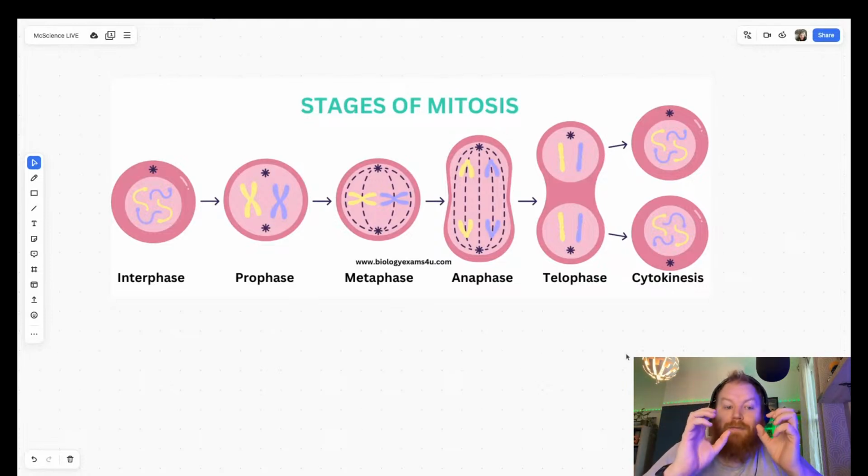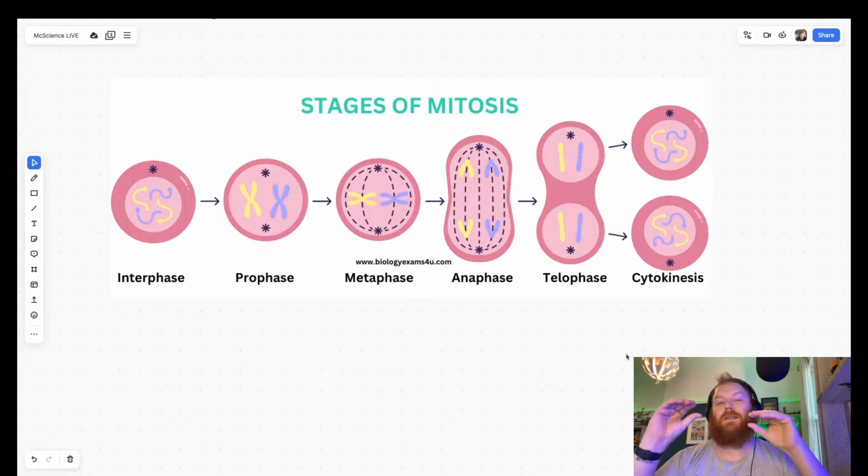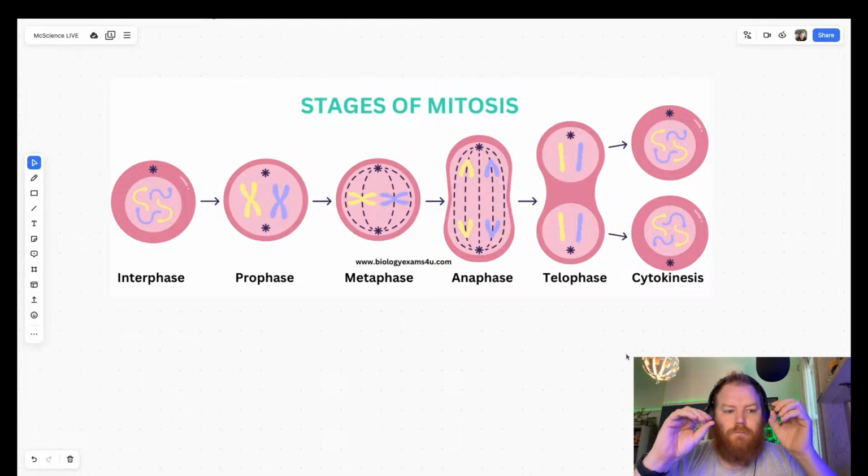Then at the metaphase, the chromosomes meet in the middle. So if that's a way to remember, the metaphase: meet in the middle of the cell, and they form like a line across the equator of the cell.